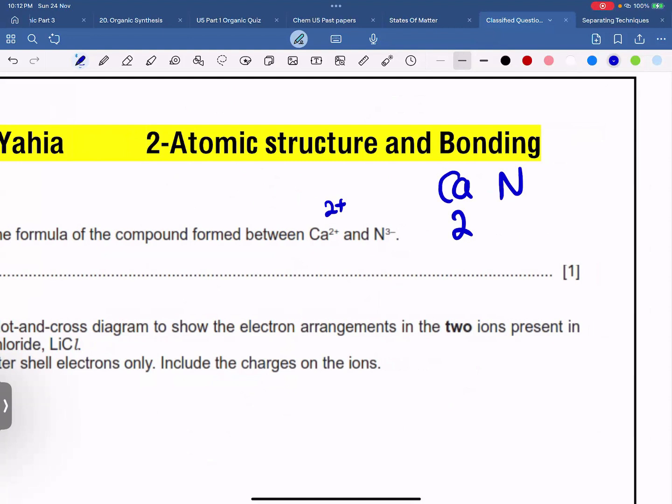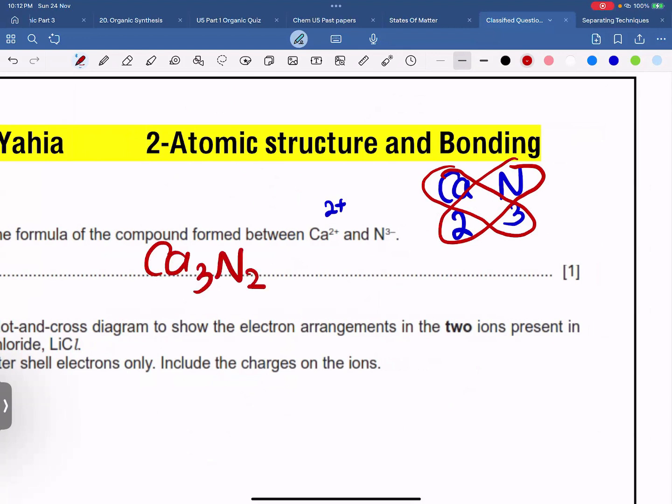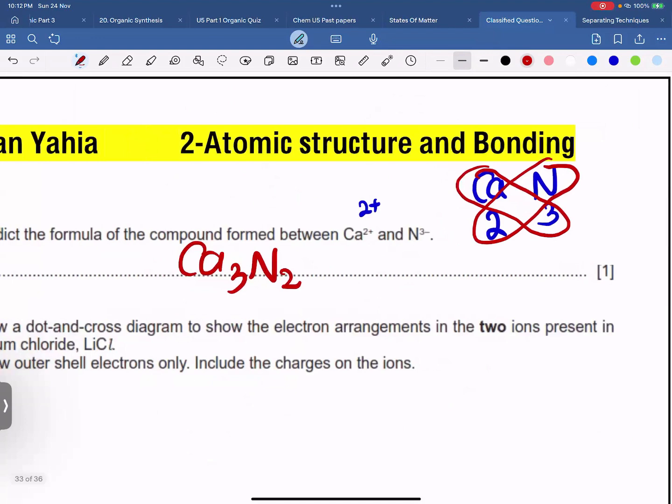Nitrogen gained 3 electrons, so add 3 only without charge, and then cross and drop. So the formula is going to be Ca3N2, which is calcium nitride.